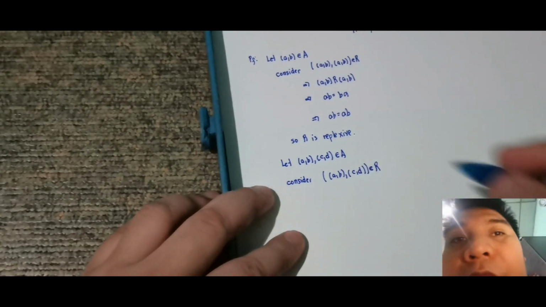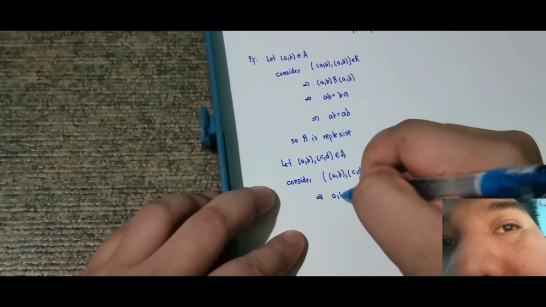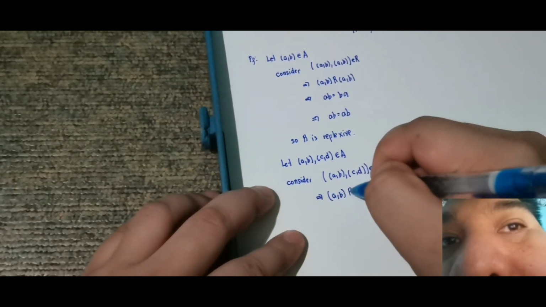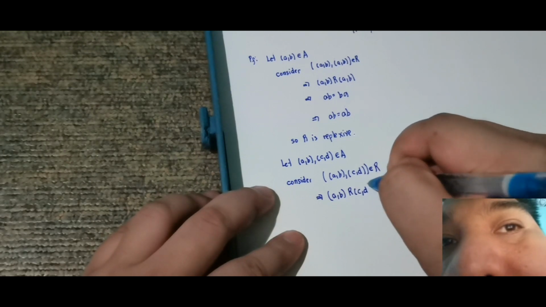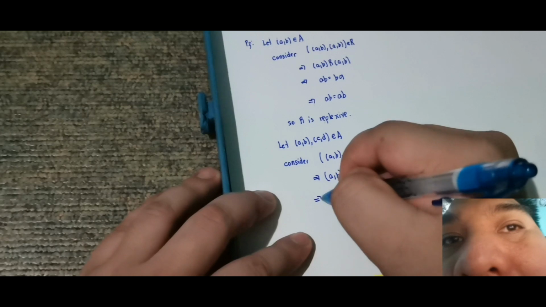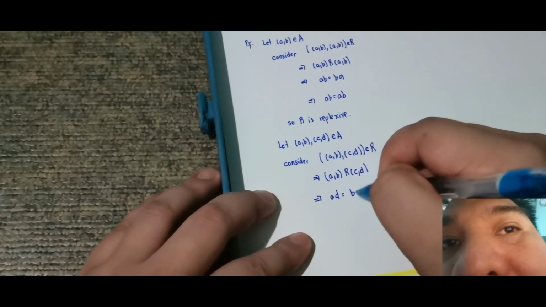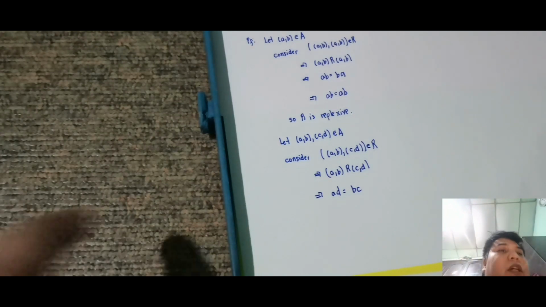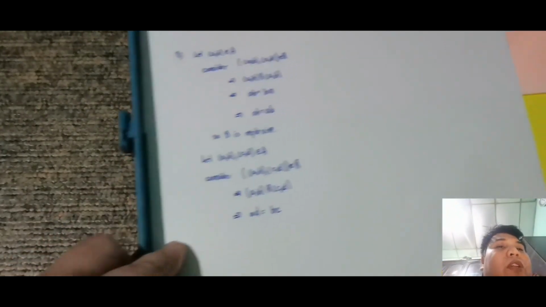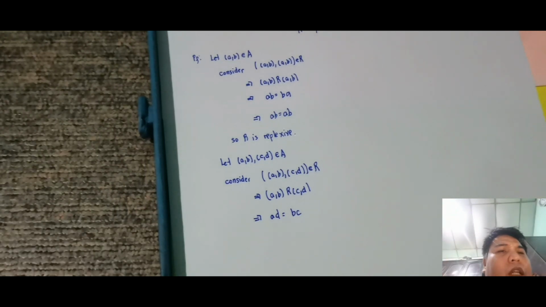Ganun yung mangyari. So, this implies that (a, b) is related to (c, d), which implies that ad is equal to bc. Outer, product ng outer is equal to product ng inner. Ngayon, ano goal natin? Kailangan magbaliktad siya. Kailangan maging (c, d) related to (a, b).